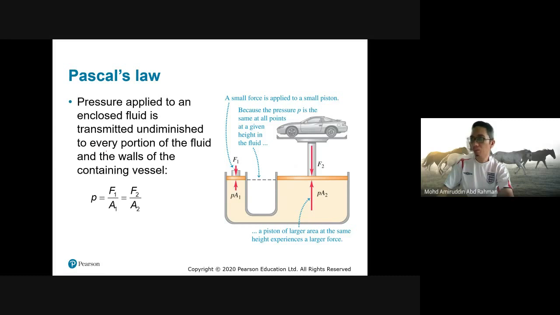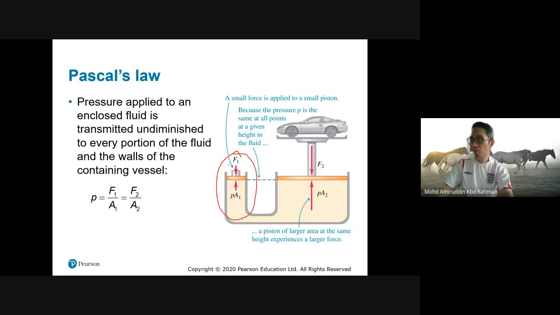Meaning that if we have this example over here, the pressure acting on this, you have a net force.